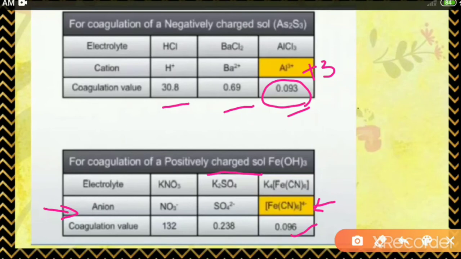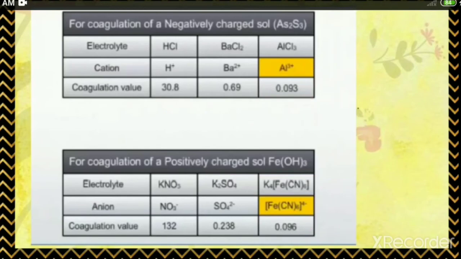So from this we can conclude that the ion which has the highest valency has the lowest coagulation value. That means a small quantity of that electrolyte is enough for the coagulation of a particular sol.